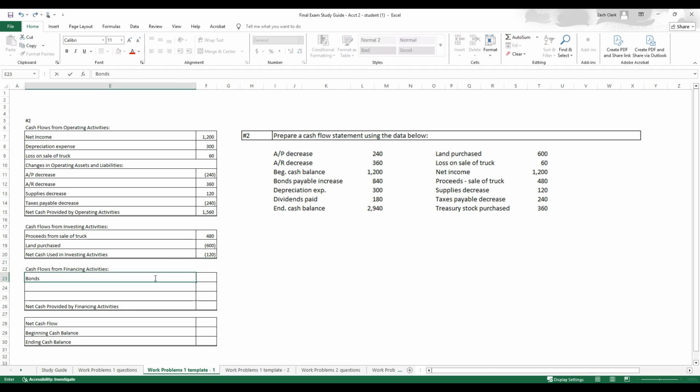Okay, then we have bonds payable increase, dividends paid, for anything equity or debt repayment or taking out new debt. Treasury stock purchased. That's going to be an equity type transaction.